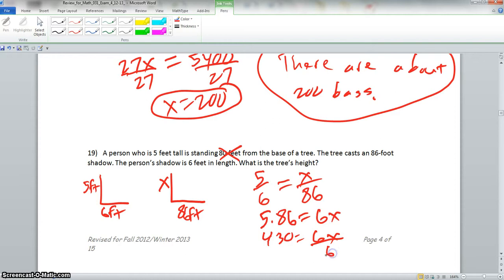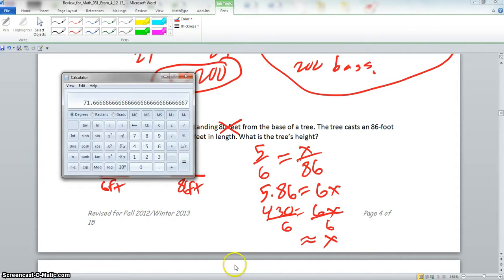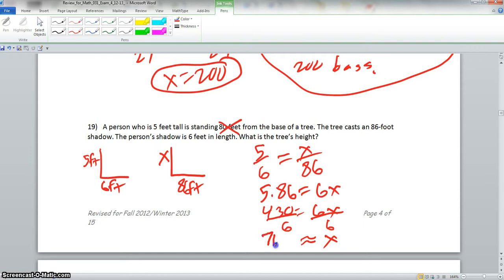We divide these out by 6. And of course we're going to have an approximation. Now what we can do here is type this in our calculator. We have 430 divided by 6, which will give us approximately 71.7. And that'll be feet. So that is our final answer.